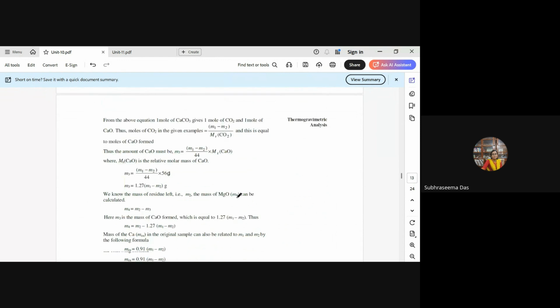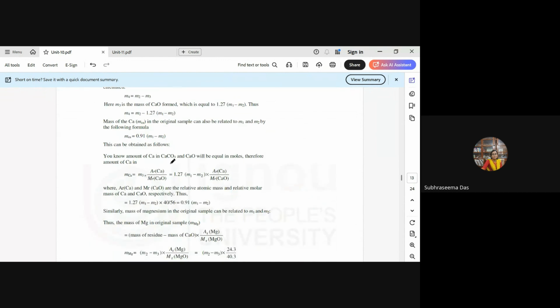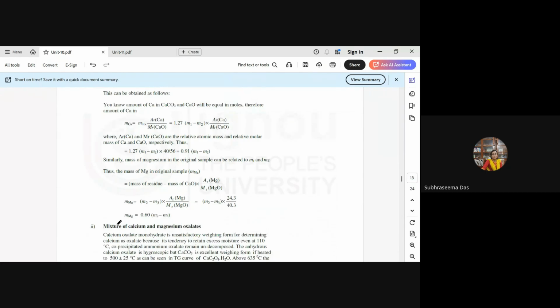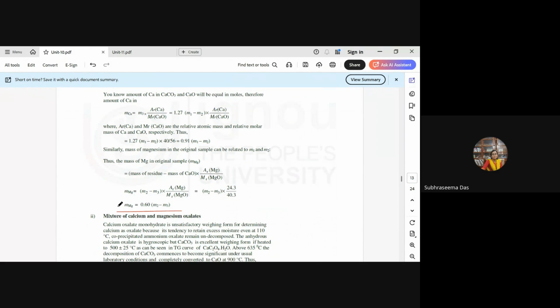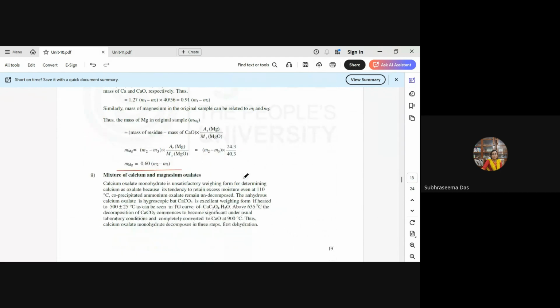Using the molar values, this has all been done here, and then we can calculate the amount of Mg that is present in the original sample. So this is how TG curves can be used to determine the amount of a particular metal or organic or inorganic material that is present in the sample.